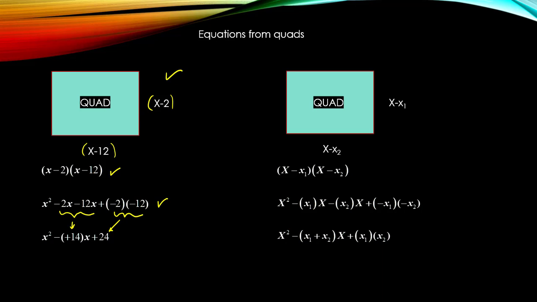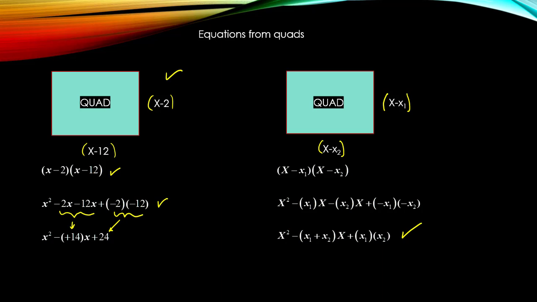But if we take non-numerical forms of the sides of that quad and multiply them, we end up with something like this.